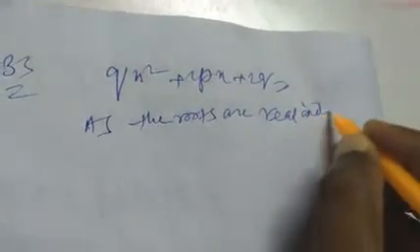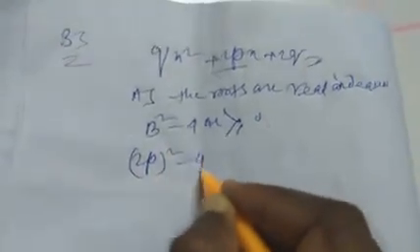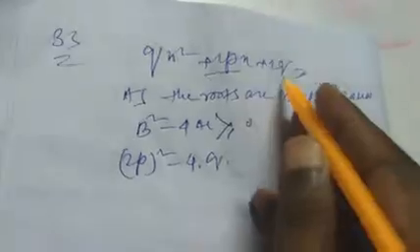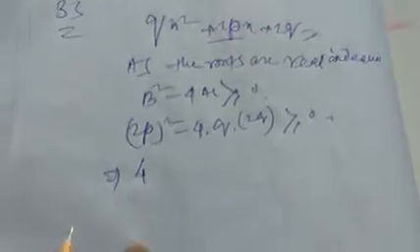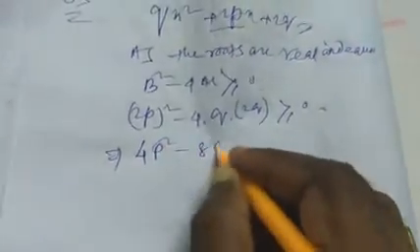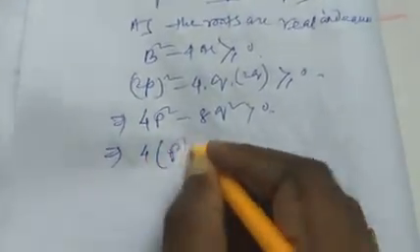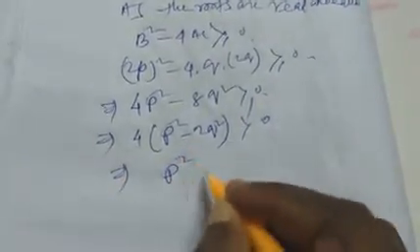The condition for roots real and equal is b square minus 4ac is more than or equal to 0. Here b means 2p, a means q, and c means also q. So 4p square minus 4q square is more than or equal to 0. Taking 4 common, p square minus q square is more than 0.